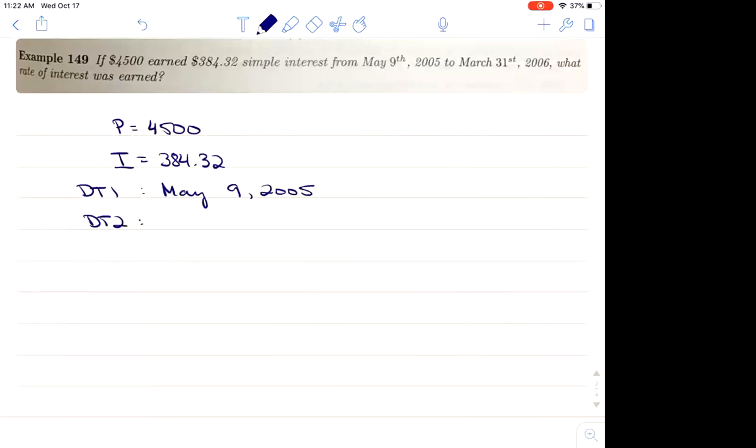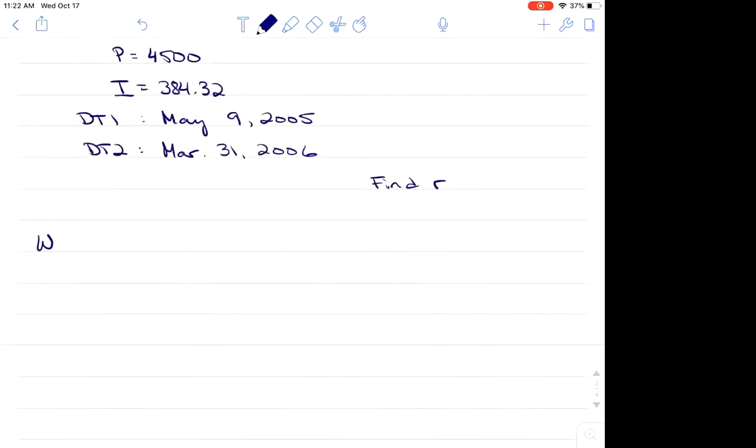And date 2 is March 31st, 2006. And we want to find R. We can use either of these formulas: I equals PRT, or the future value is P times 1 plus RT to solve for R.